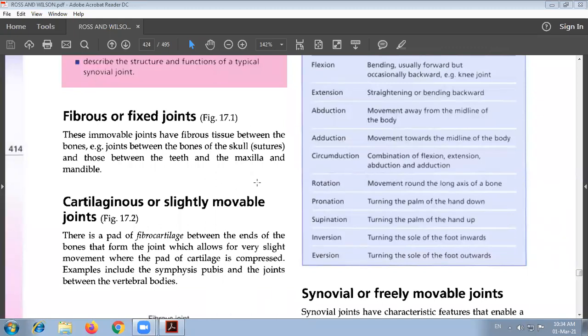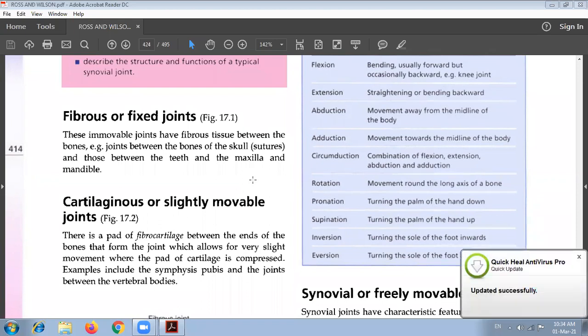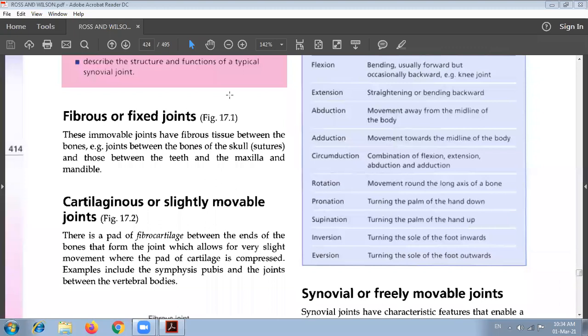The next type of joint is the cartilaginous or slightly movable joint. According to their movement, they are also called slightly movable joints. There is a pad of fibrocartilage between the ends of the bones that form the joint, which allows very slight movement where the pad of cartilage is compressed.